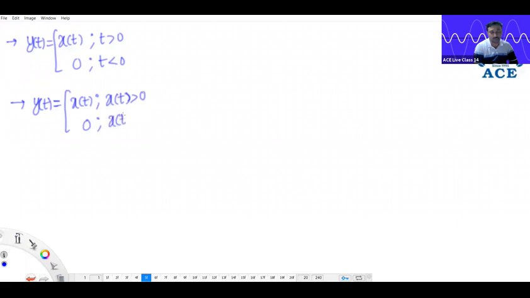Every fellow has to comment about linearity and time invariance of both systems, upper system and lower system, two properties, everyone. Upper system, respond. Is it linear or non-linear, time invariant or variant, upper one?